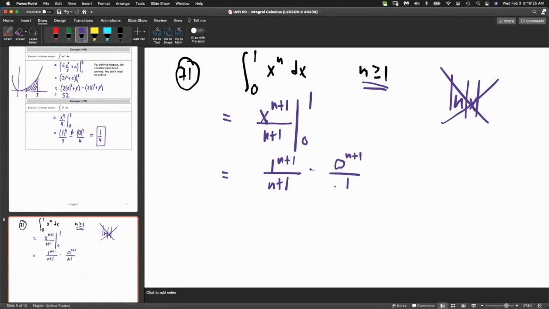What's the final answer here? Someone let me know in the chat. Right now I'm just seeing Nikita, Gianluca, Amir, Sean, Jai. Anybody else? Any brave people out there want to throw a number in there? What does this equal?